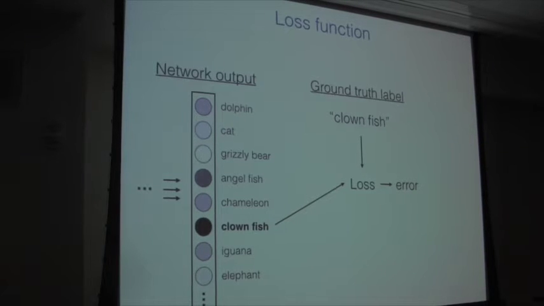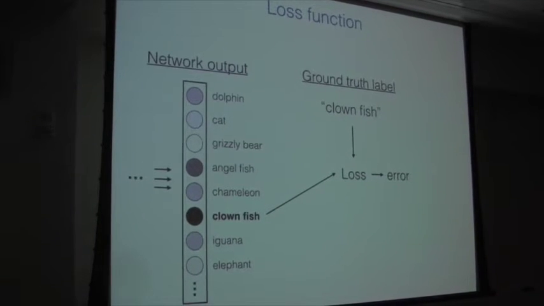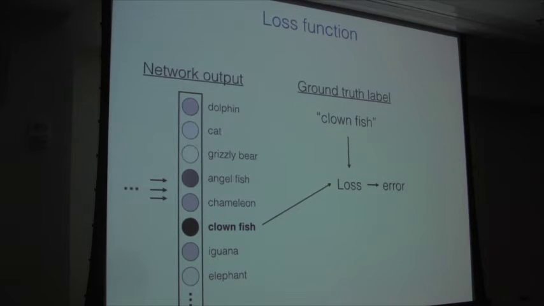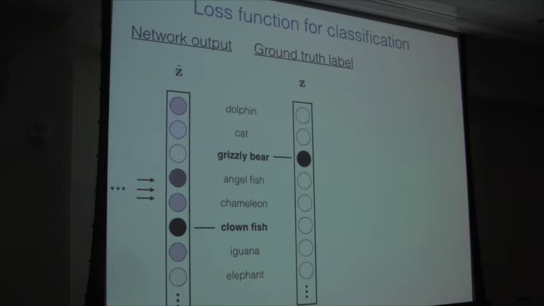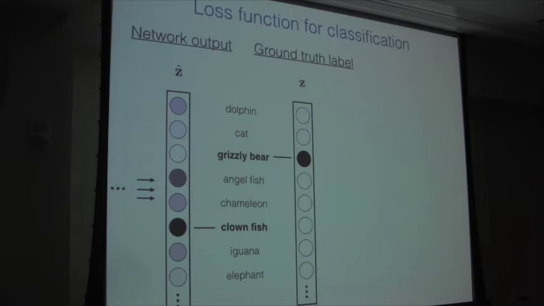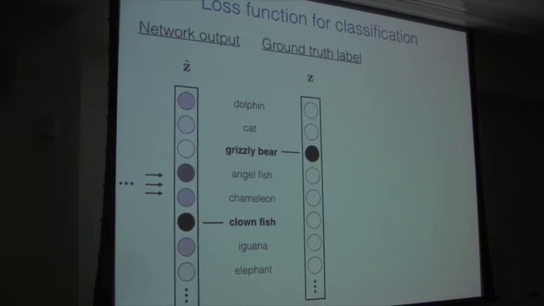And what we want to say is that if the ground truth label for an image is clownfish, and the network output had high activation on the node that represents clownfish, then we want to say the loss is small. That was a correct answer. Whereas the loss would be large if the ground truth is grizzly bear and the network output is clownfish, because that'd be incorrect.